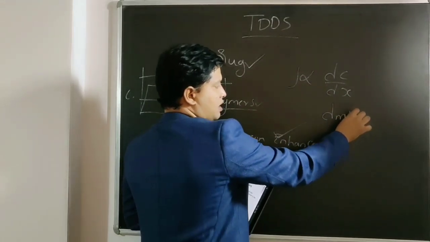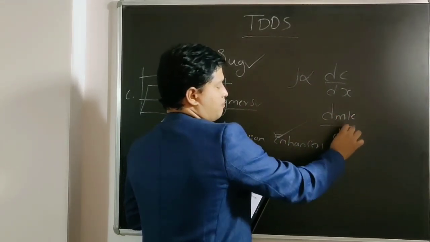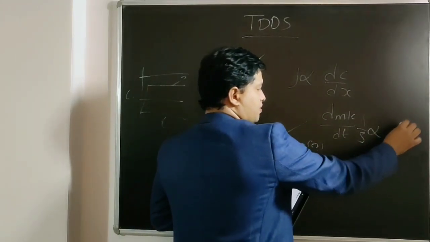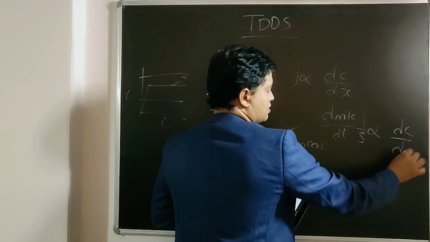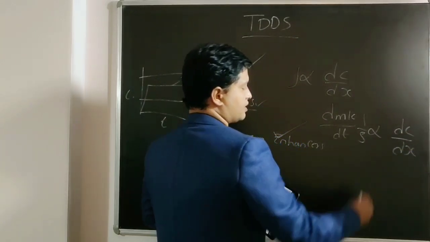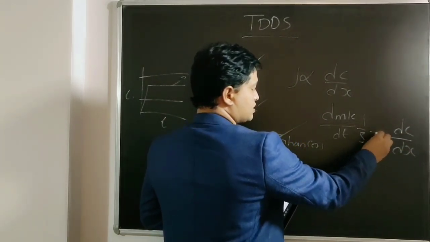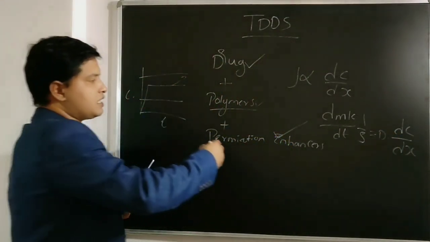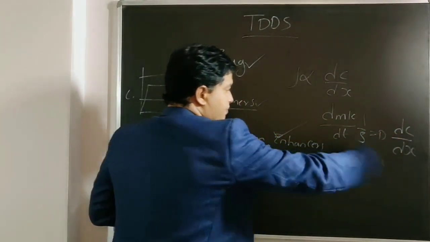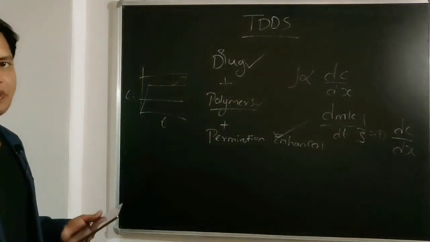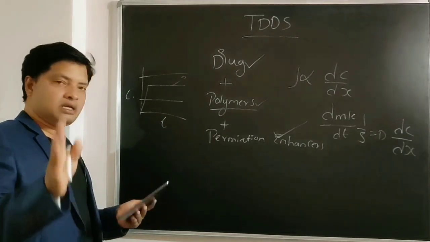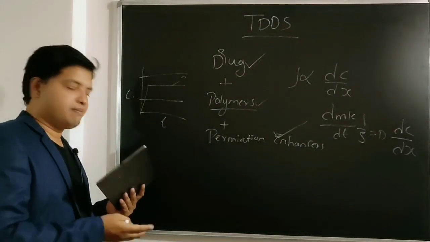Change in mass or concentration per time per unit surface area, which is directly proportional to the concentration gradient. If you remove the gradient, we get a constant, that is diffusivity, with a negative sign. So permeation enhancers will try to improve the flux of your drug. They move the drug through the barrier by changing the properties of the skin barrier.